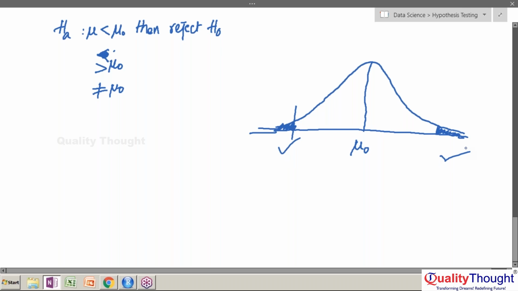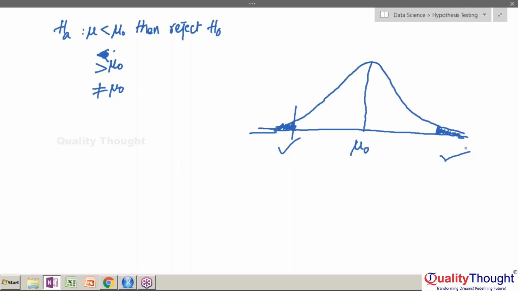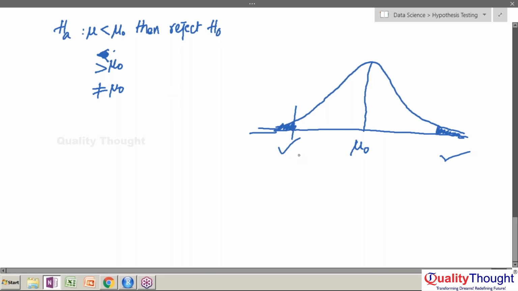Generally these are called rejection regions. When you are considering the left-hand side, if you consider C as a critical value, it is minus infinity comma C. If you consider greater than mu naught, it will become C comma infinity.